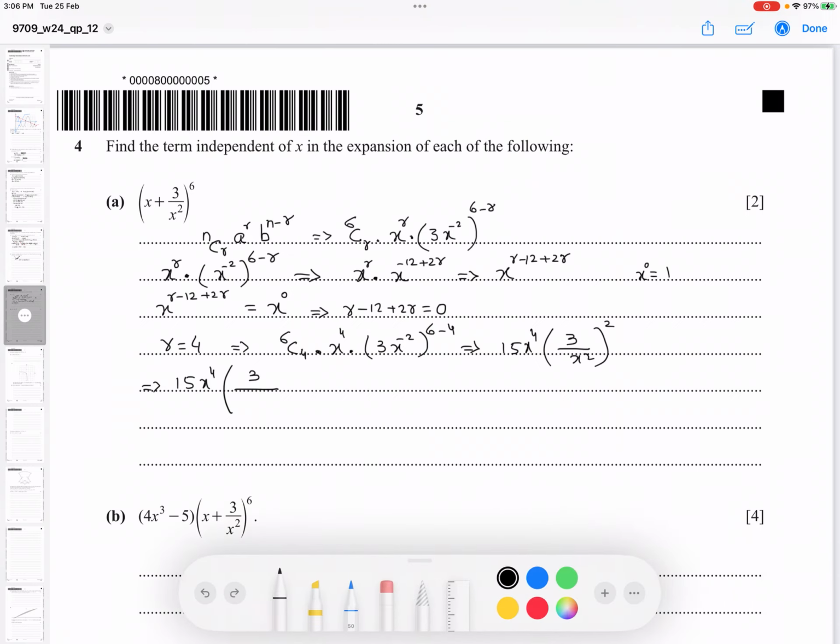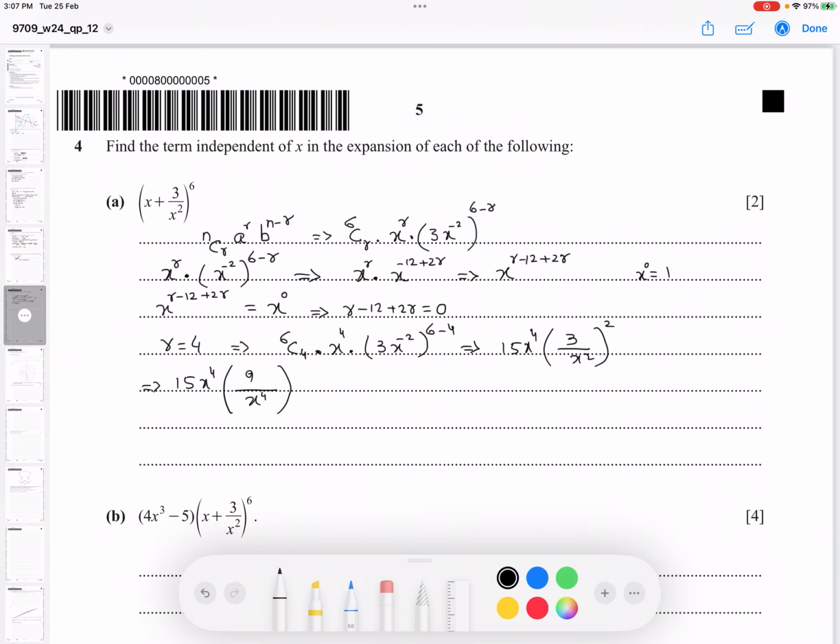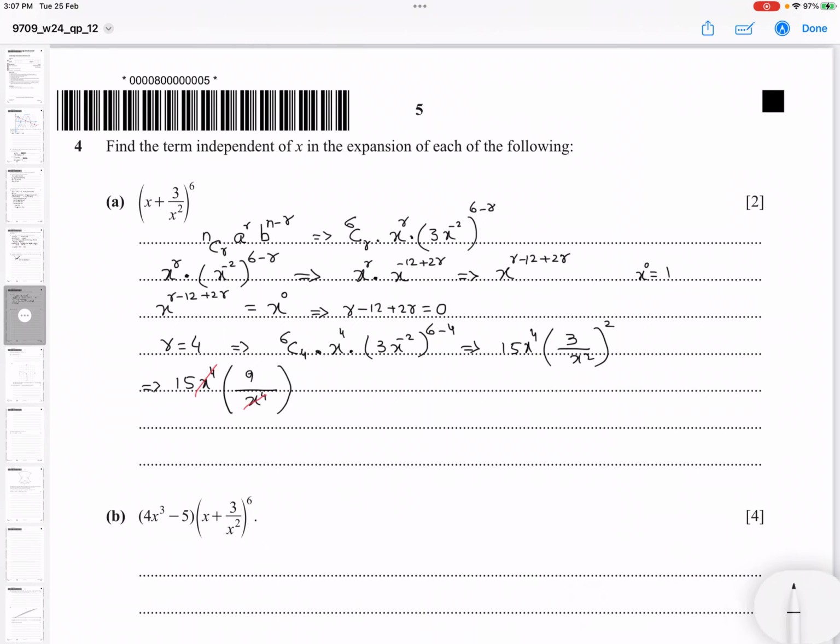Now instead of writing 3, you can write the square of 3, which is 9 over, and the square of x power 2 is x power 4. So now you can see that x power 4 will cancel each other out, and you multiply 15 by 9, you get the answer 135, which is independent of x.